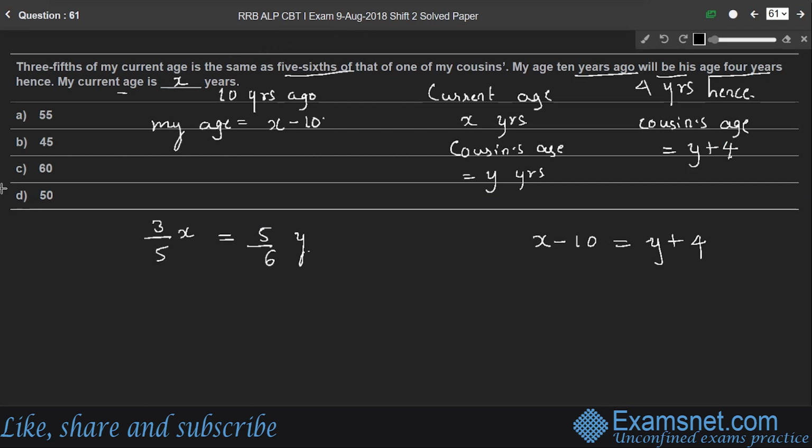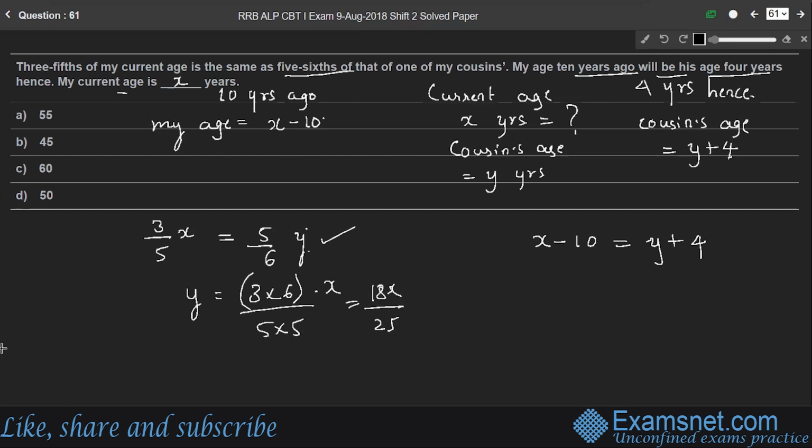My current age is X years, so we need to find the value of X here. So we'll consider the relation 3/5 of my age, and express Y in terms of X. So Y is equal to 3 into 6 divided by 5 into 5 of X, which is 18X by 25.